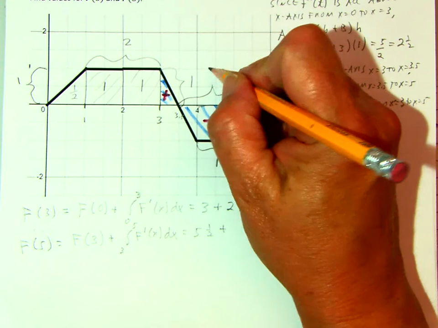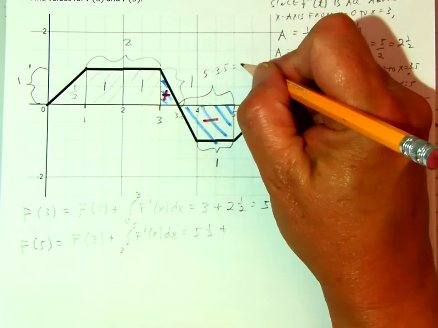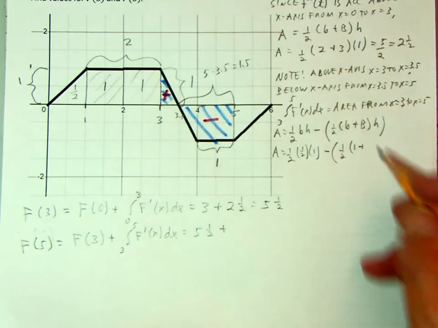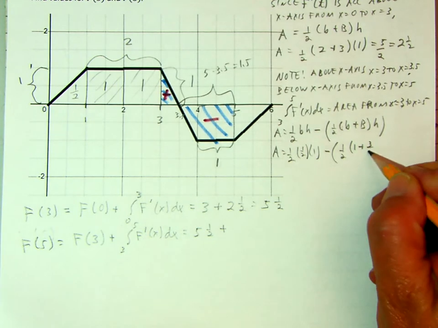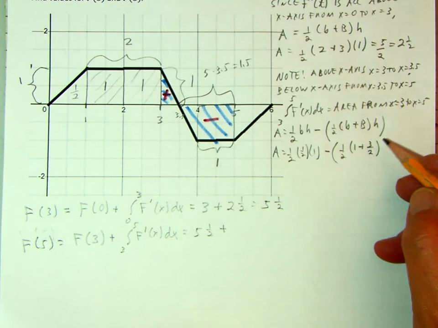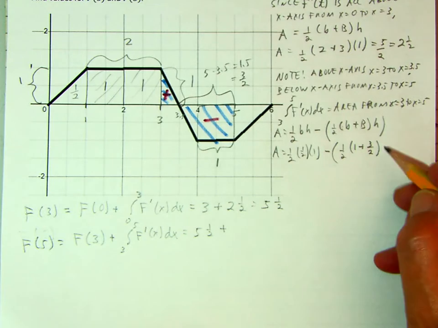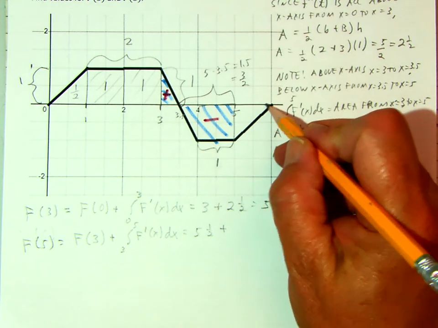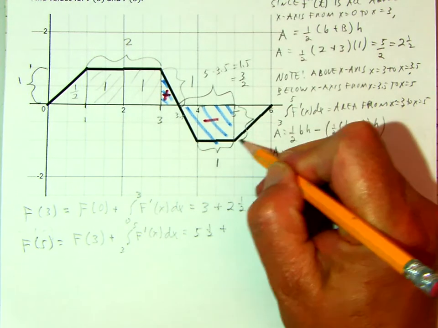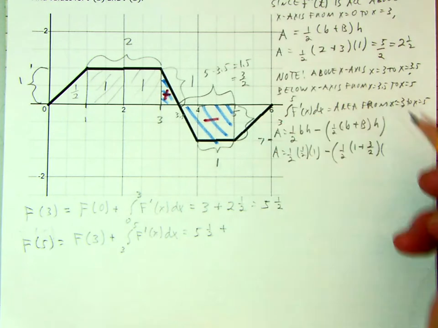This is 5 minus 3.5, so 1.5. Let's just use 3/2. Times the height. The height here, 7 minus 6, so 1.